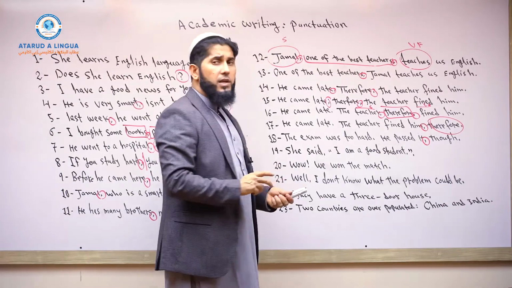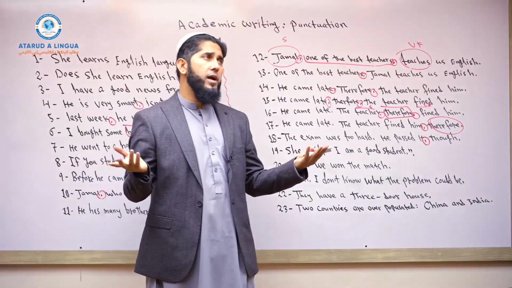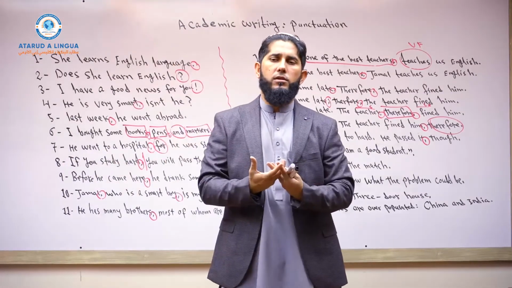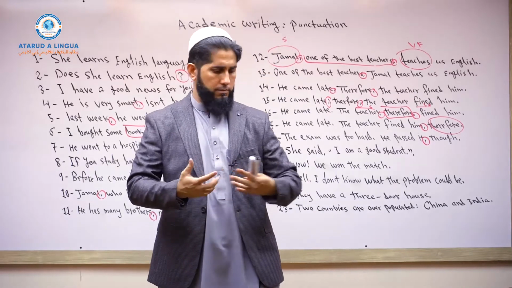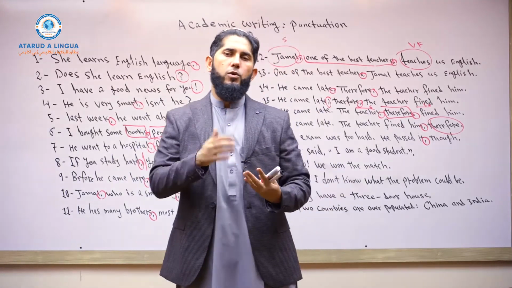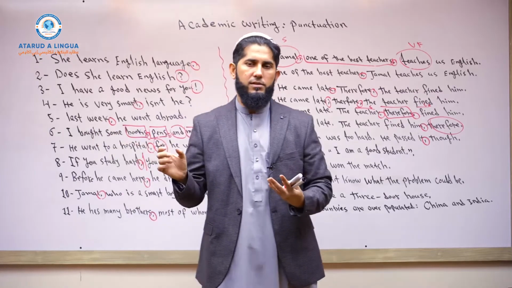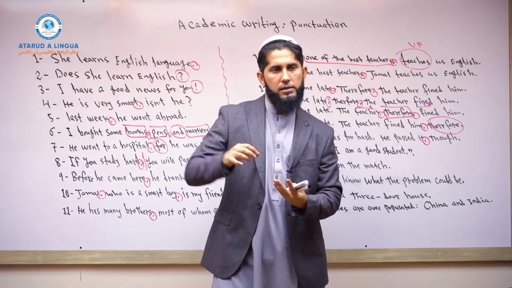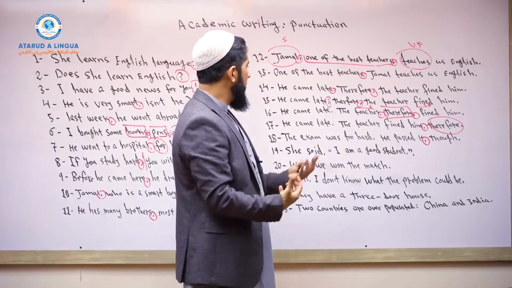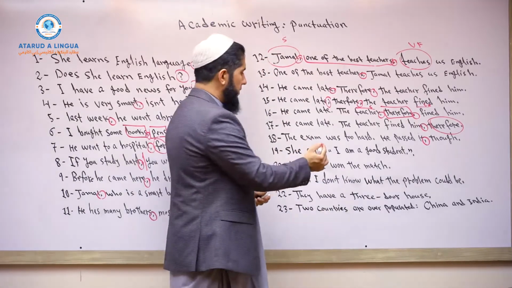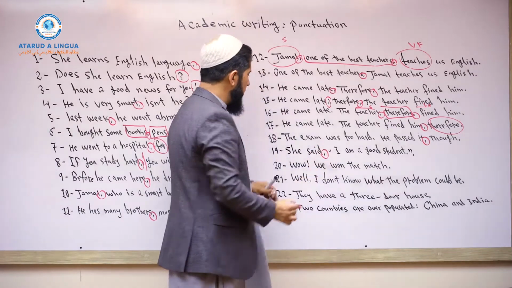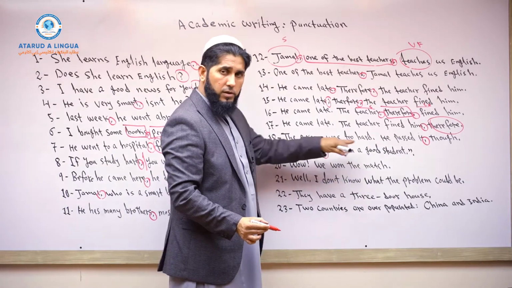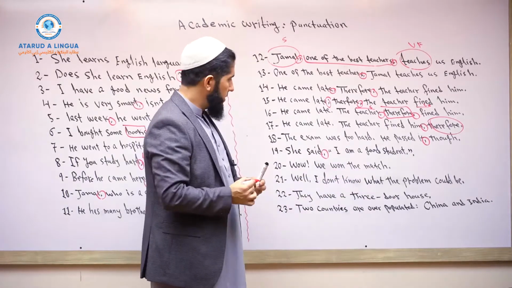So, reporting speech. Sometimes the writer is trying to strengthen his composition, so he or she brings somebody else's ideas. They quote somebody else's ideas. In that case, you need a comma between the reporting and the reported parts of your direct speech.